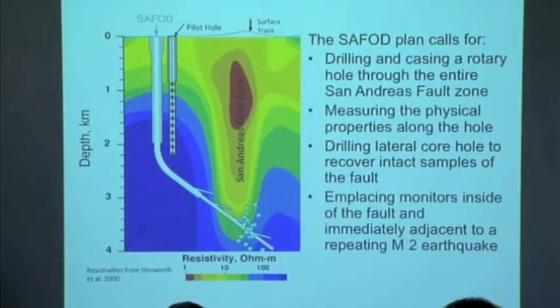So for the SAFOD fault, again, the idea was to drill vertically down to get some depth and then cross the fault at some depth here. Do rapid drilling, and this was phase one done down to here, and then in 2005, phase two was rapid drilling actually across the fault zone. In reality, it was actually crossing the fault at a vertical depth of about 2.7 kilometers, not as shown in this diagram.